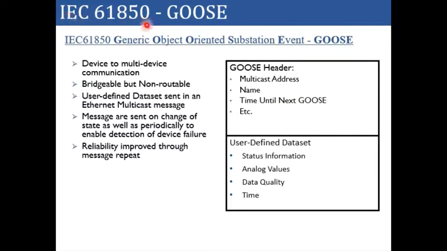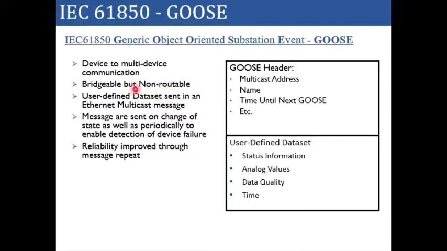Now next is the GOOSE message, that is generic object oriented substation event. So GOOSE is required for device to multi-device communication. This GOOSE is bridgeable but it is not routable because it directly communicates from the data link layer to the application layer.